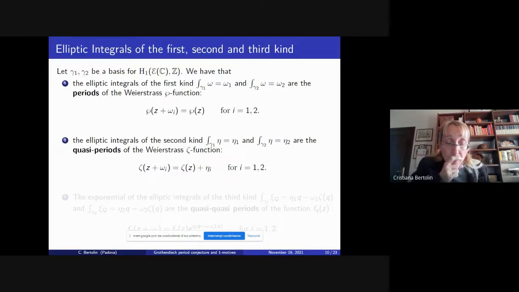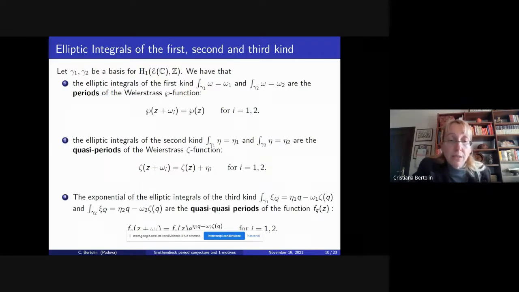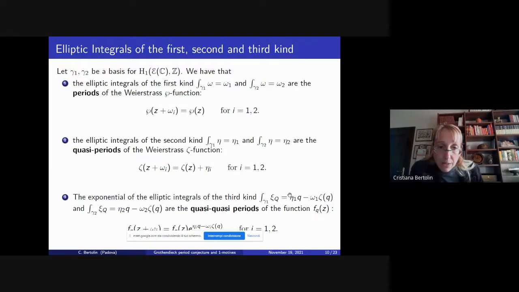So Michel Waldschmidt was interested in the elliptic integrals of third kind, and he discovered that the exponential of the elliptic integral of the third kind, so if I integrate omega_Q over a path gamma 1, I get eta 1 q minus omega 1 zeta(q), is the quasi-period of the function f_q.